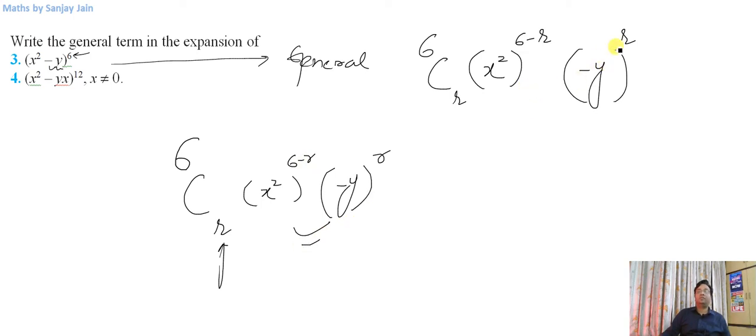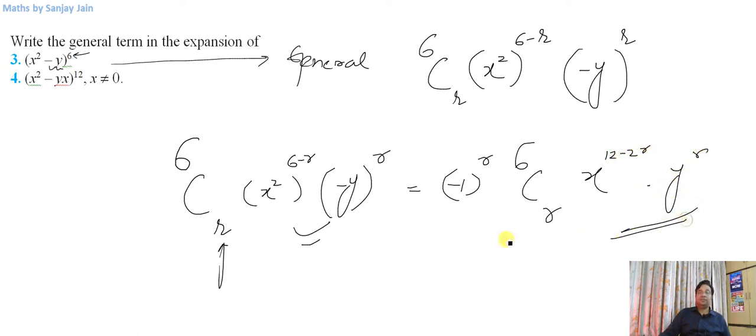Now this minus y raised to power r can also be written as minus 1 raised to power r, and then you can write the rest of the terms like 6Cr x raised to 12 minus 2r into y raised to power r. This is another way of writing the same thing. Okay, let me erase it, then we will write the next one.